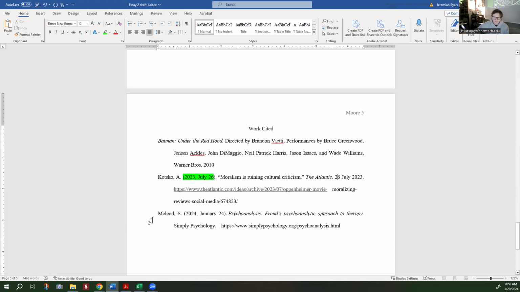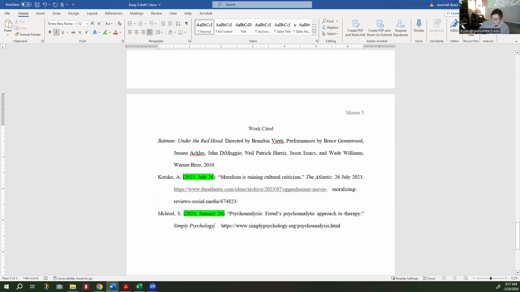Same here, this is incorrect. That's wrong. This is the article name, so it should not be in italics. It should be in quotation marks. And what it was published on, this is the name of the publisher. That should be italics.